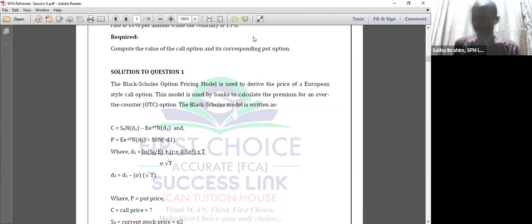Intrinsic value of a call option. Now, the formula for this is what we have here. I'm going to use this formula to explain what I want to explain to you. What do we have here? We have C = S0 N(d1) minus e^(-rt) into N(d2).